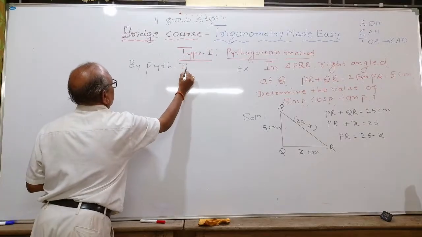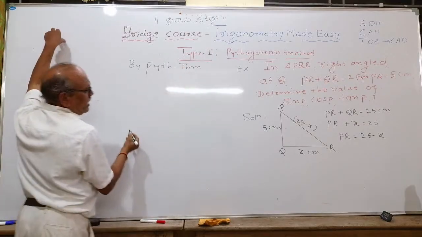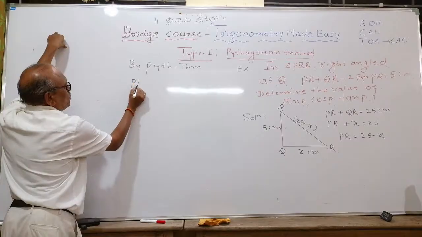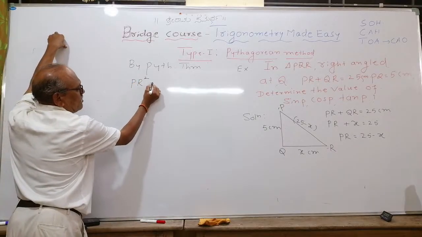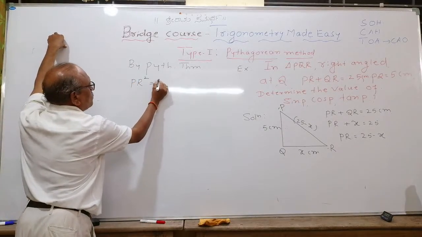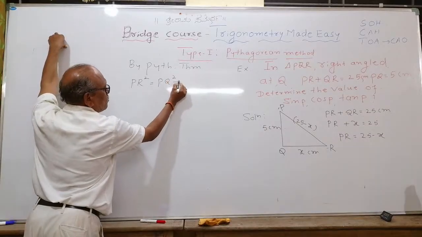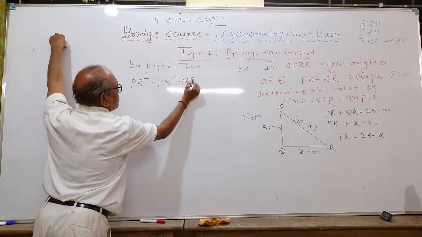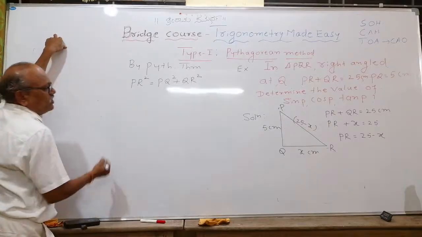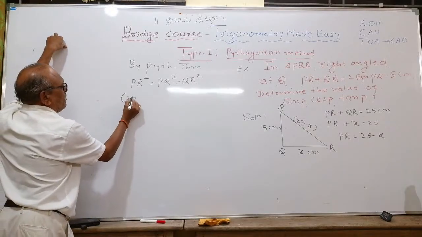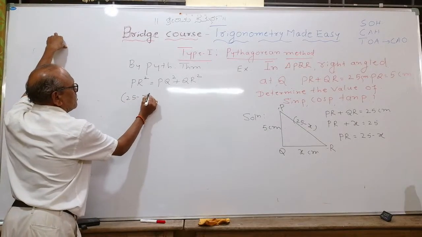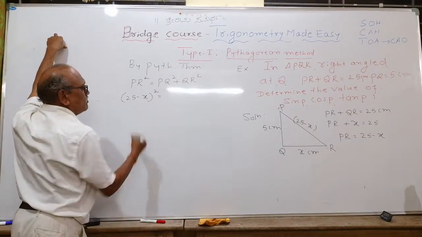What you can write is PR square is equal to PQ square plus QR square. Solve it. What is PR square? PR square is 25 minus X whole square. Are you getting me?